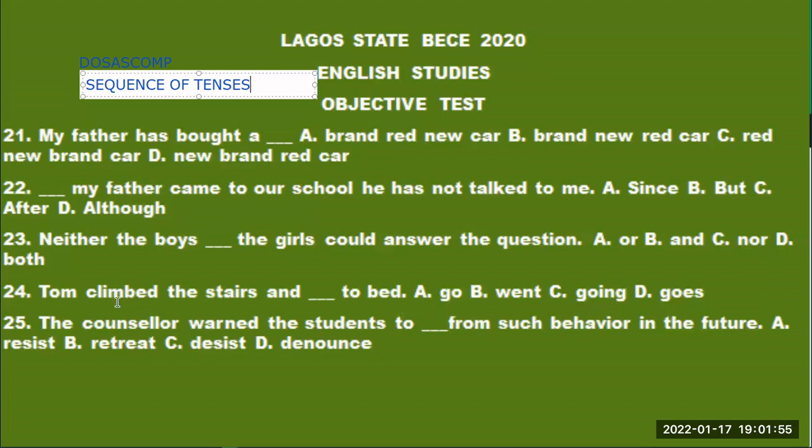So what do we have here? Tom climbed the stairs and went to bed. So that makes option B correct. Option C, going to bed. Tom climbed the stairs and going to bed. Does it sound grammatically correct? It does not.